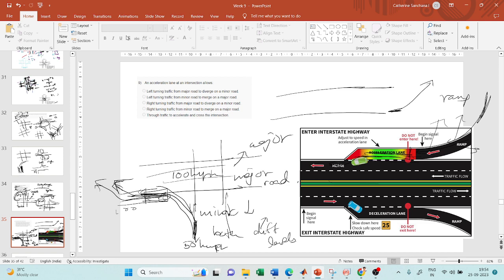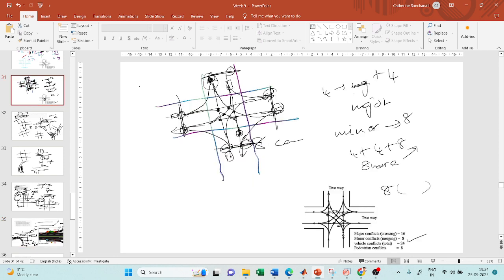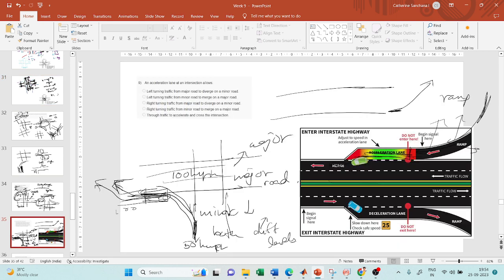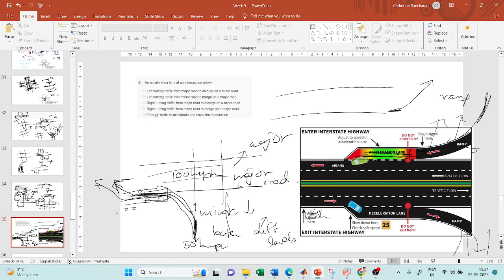Okay, so let us see left turning traffic from major roadway. In the same way there is something called a deceleration lane. If you see this figure, this is a major roadway. The vehicles will be traveling at say 100 kilometers per hour, and I have to reduce. If I leave this major roadway, I may be entering a minor roadway.